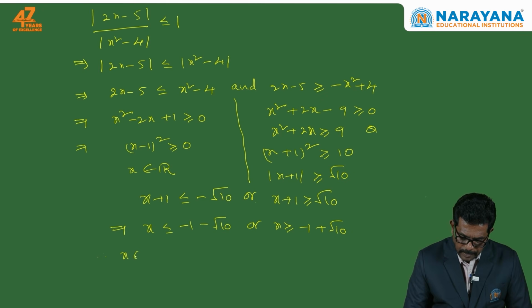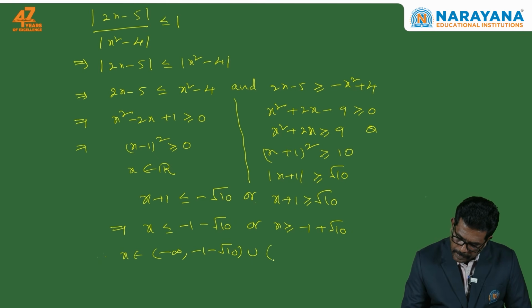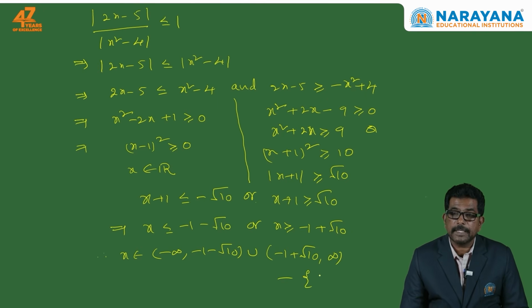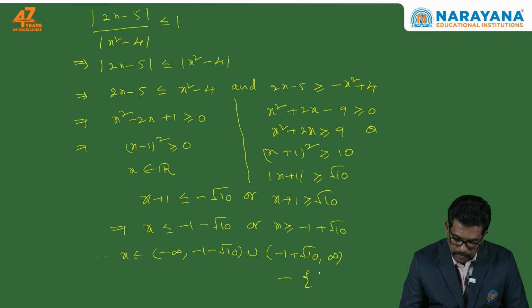Therefore, x belongs to minus infinity comma minus 1 minus root 10 union minus 1 plus root 10 comma infinity.